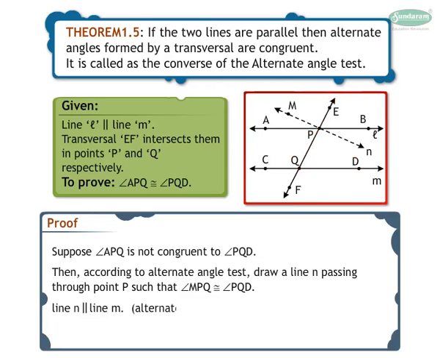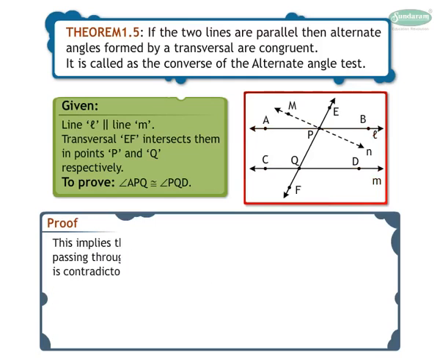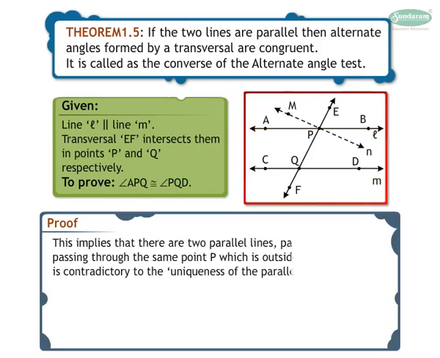According to the alternate angle test, line N is parallel to line M. But it is given that line L is parallel to line M. This implies that there are two lines parallel to line M passing through the same point P, which is outside the line M. This is contradictory to the uniqueness of the parallel lines.